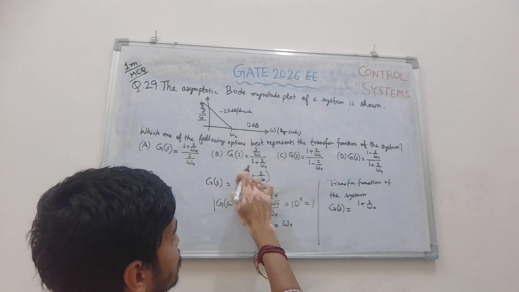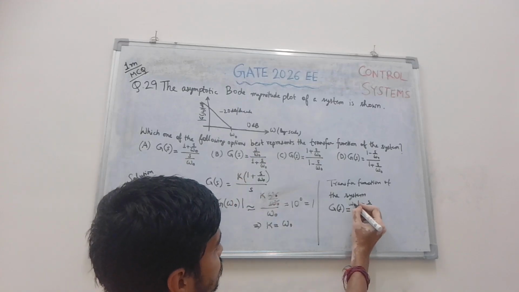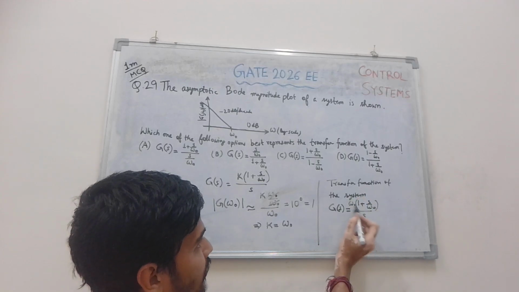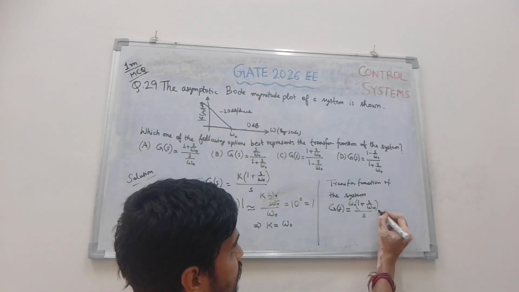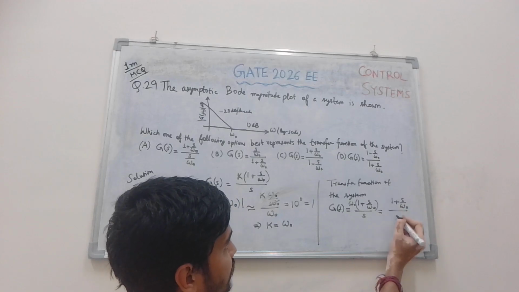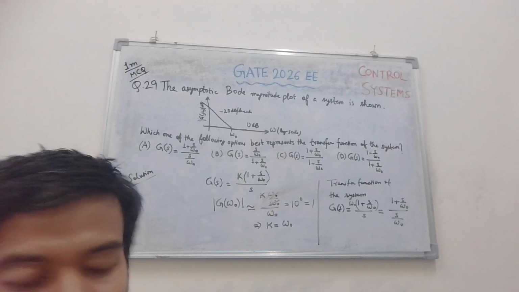So omega naught in the numerator will bring it down, removing omega naught, and then we get 1 plus S by omega naught. Right, it will be something in this form.